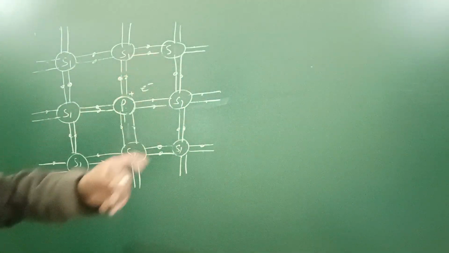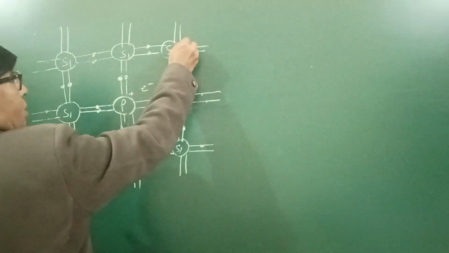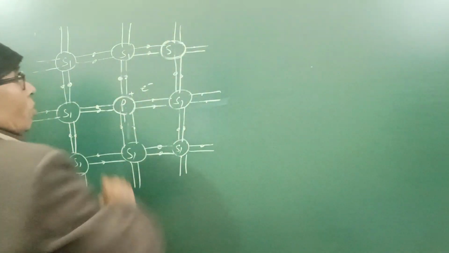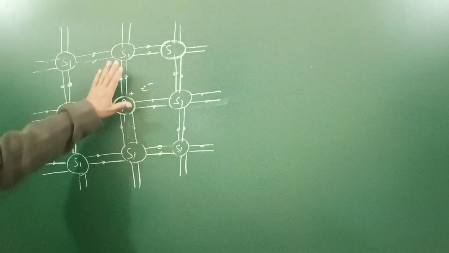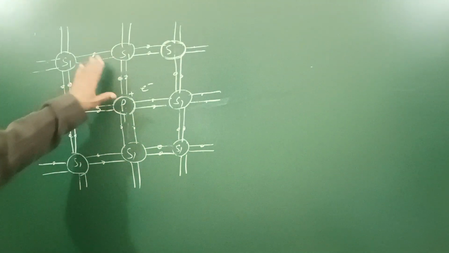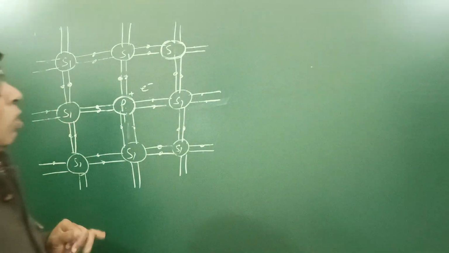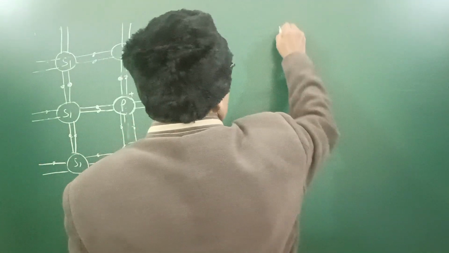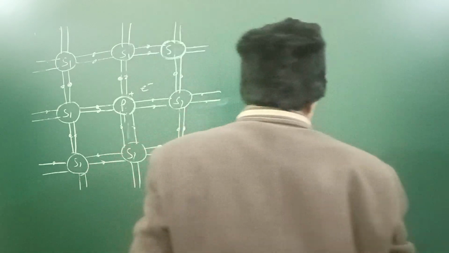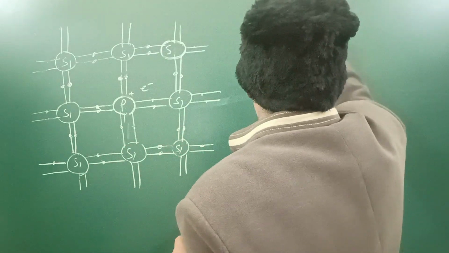There are, I am telling you students, intrinsic charge carrier density also, which is in the form of hole and electron, and therefore number of electrons here per unit volume becomes very much greater than NH.